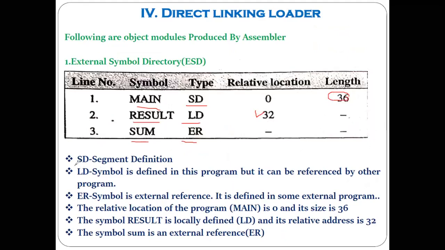Same thing I have mentioned here. SD stands for segment definition. LD stands for the symbol which is defined in this program but can be referenced by the other program, that is, a variable like result, which is defined in our program but can be utilized in the other program. Then ER stands for external reference. It is defined in some other program, but we are utilizing it in our program.